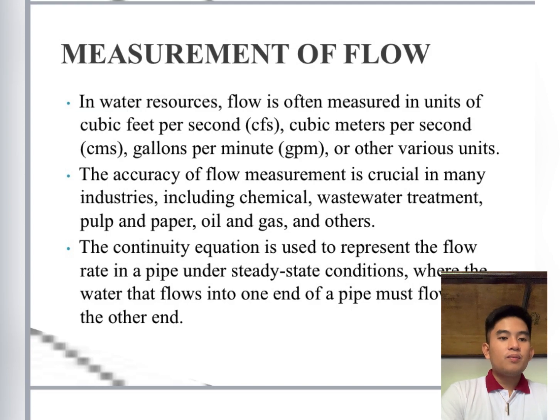The accuracy of flow measurement is crucial in many industries, including chemical, wastewater treatment, pulp and paper, oil and gas, and others. The continuity equation is used to present the flow rate in a pipe under steady state conditions, where the water that flows into one end of the pipe must flow out of the other end.